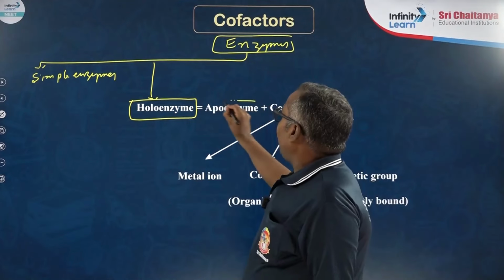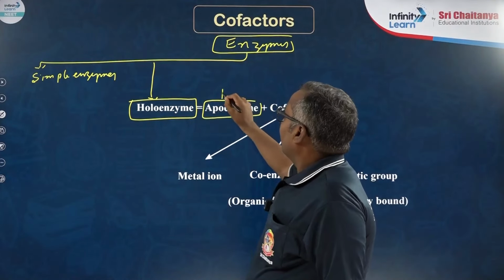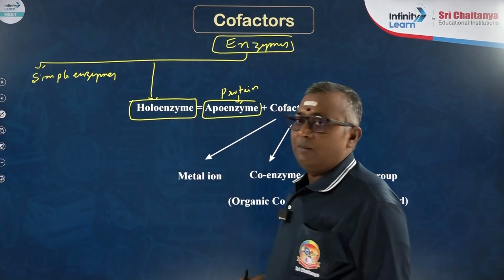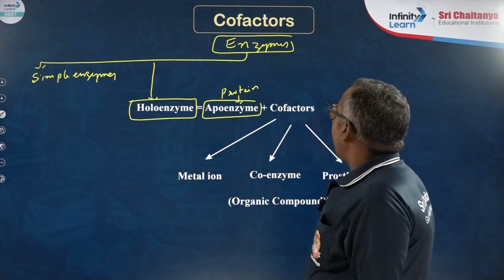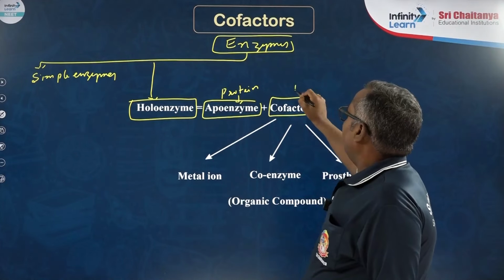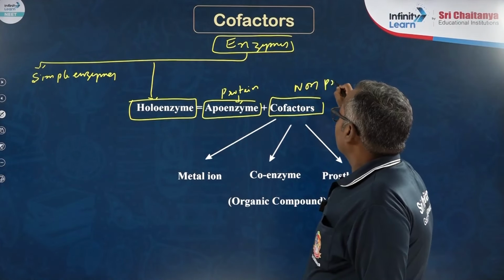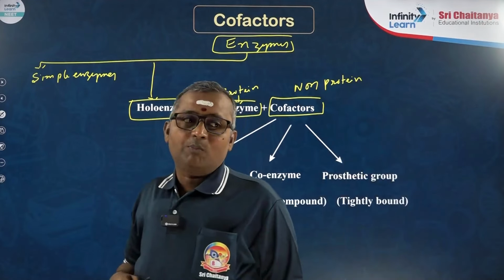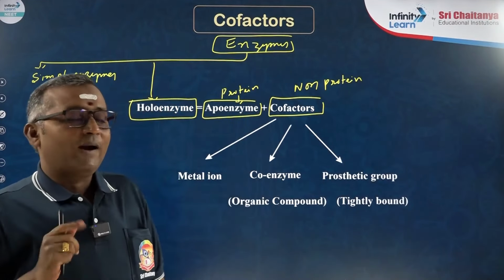The protein part is called the apoenzyme, whereas the non-protein part is called the cofactor.